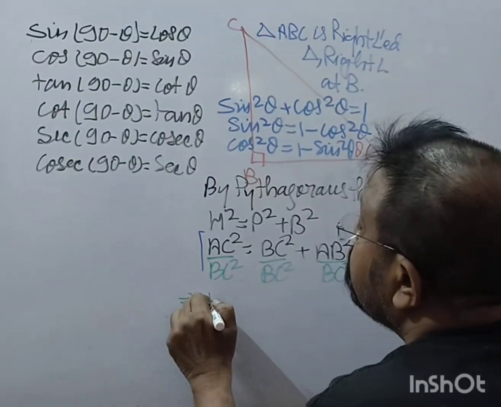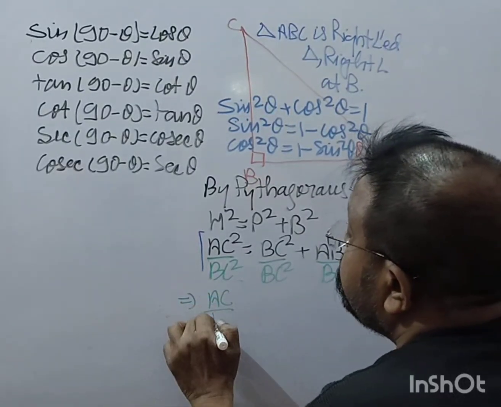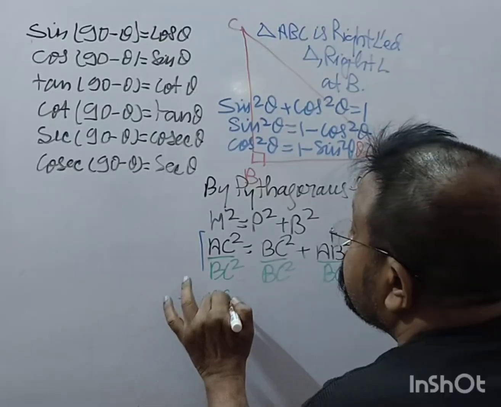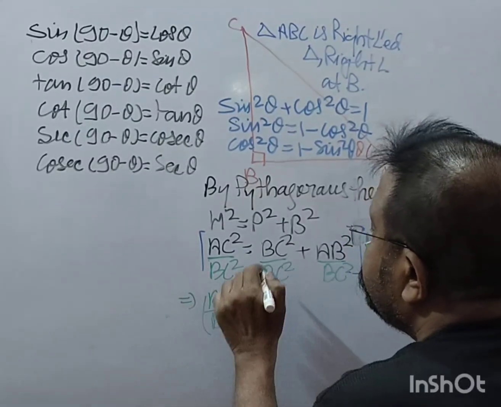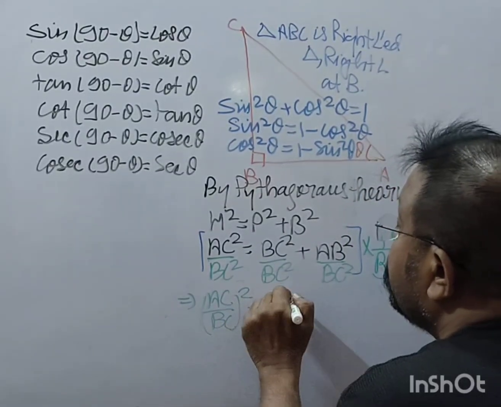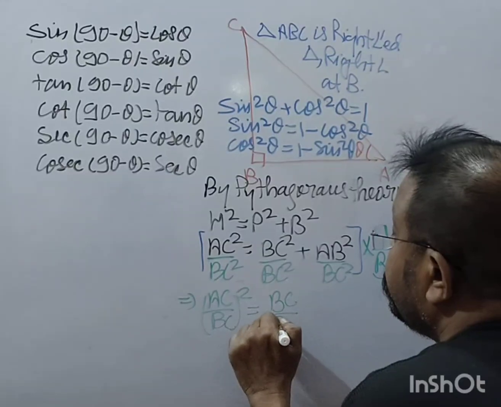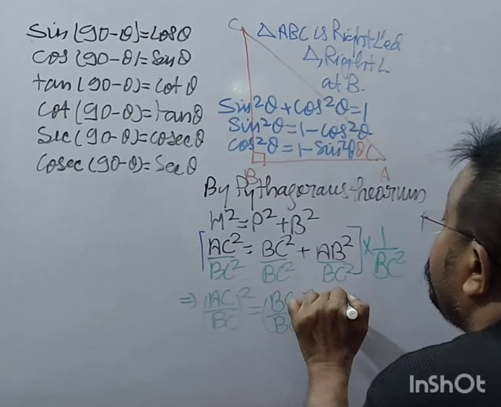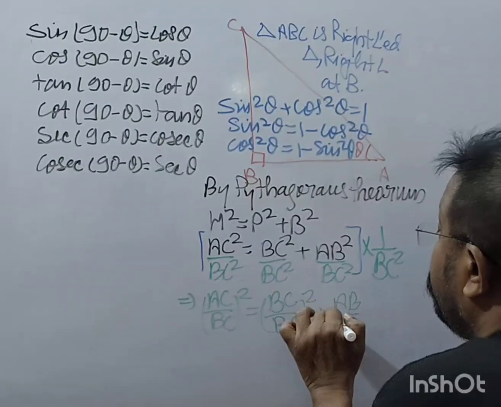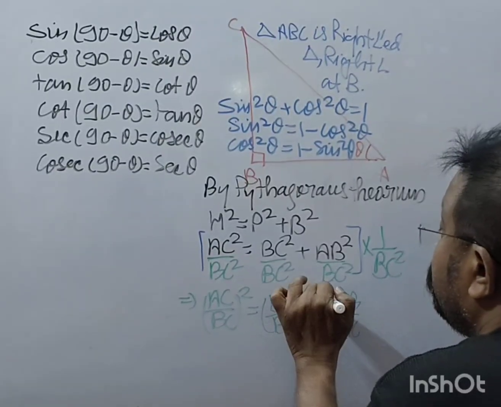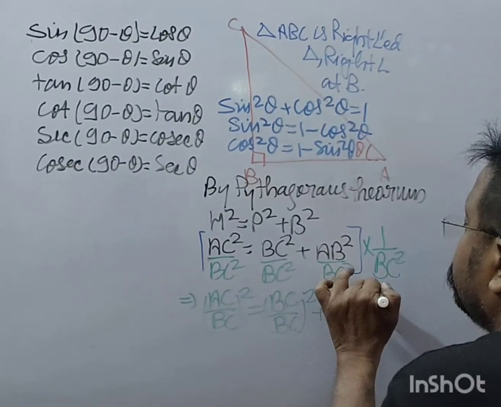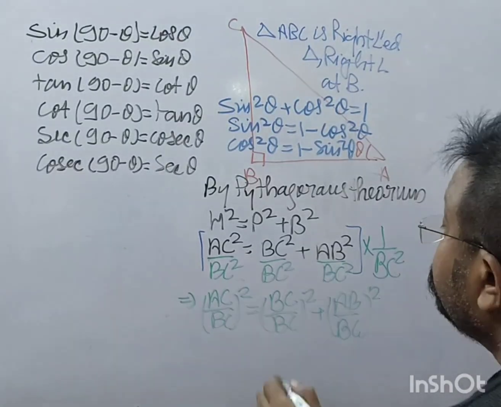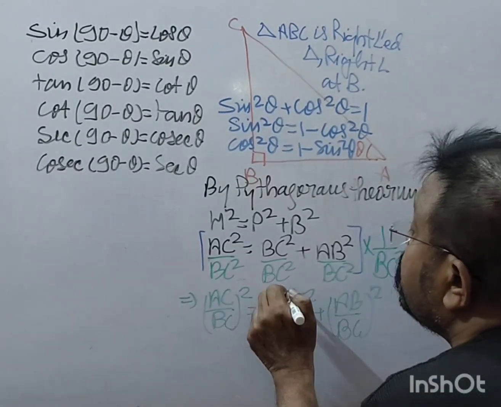It becomes AC upon BC whole square is equal to BC upon BC whole square plus AB upon BC whole square. This BC and BC cancel out, you get 1.